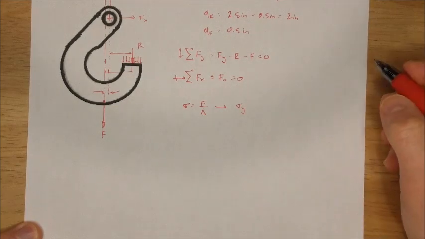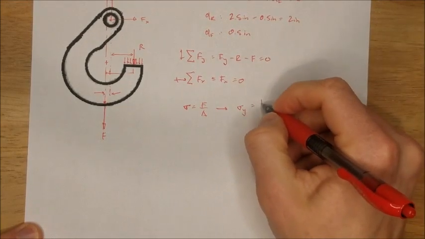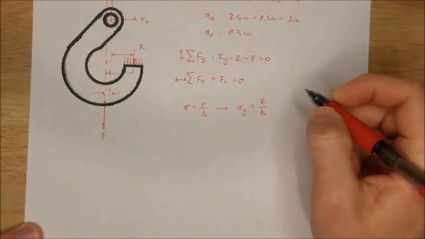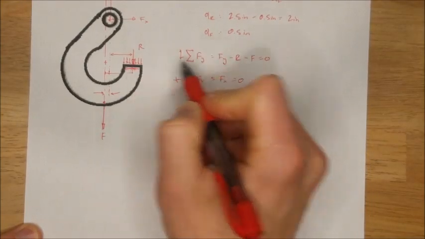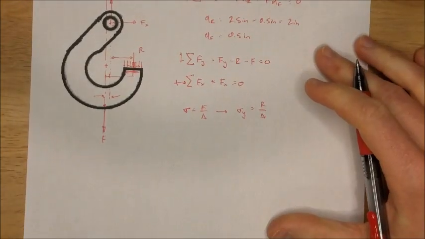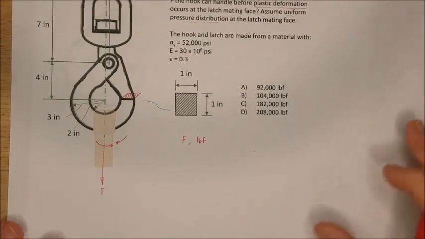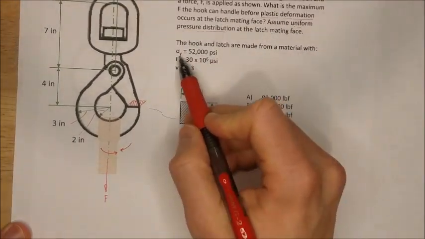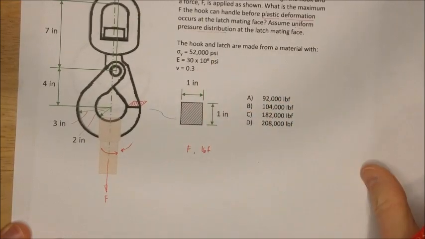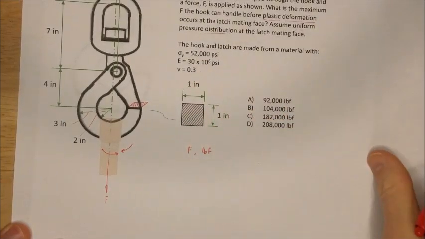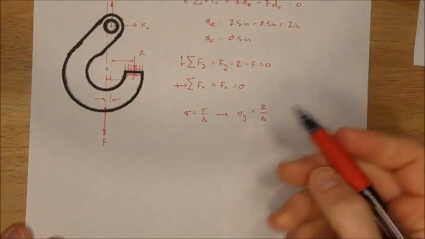The yield stress of the hook material is equal to R over A. I'm just going to call this area A. And again, we've got some info from the problem. Hook and latch are made from a material with yield stress 52,000 psi. Anything over that, I'm going to get plastic deformation, so that's a giveaway.